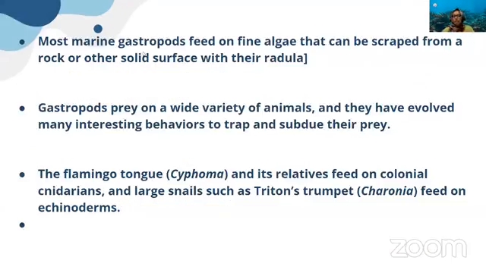Most marine gastropods feed on fine algae that can be scraped from rock surfaces or other surfaces. Gastropods prey on a wide variety of animals, and they have evolved many interesting behaviors to trap and subdue their prey. The flamingo tongue and its relatives feed on colonial cnidarians, and large snails such as the Triton's trumpet feed on echinoderms.